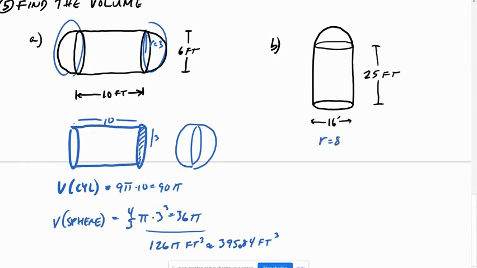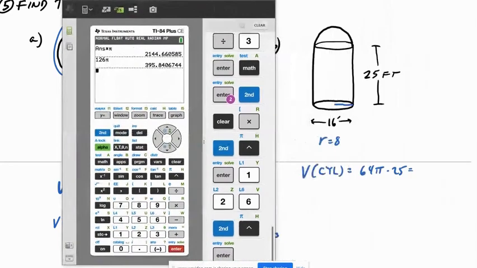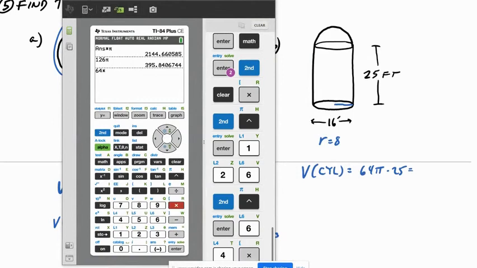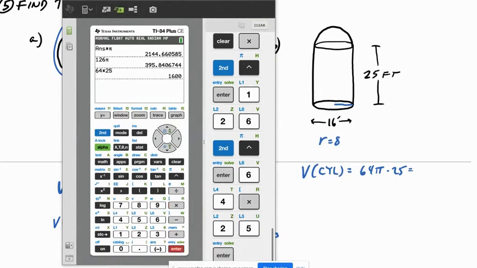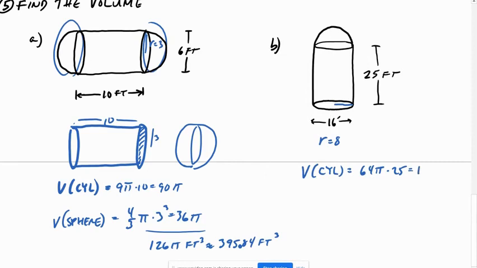Our radius is half of 16, or 8. The volume of the cylinder is base area, which would be 64 pi, times height, 25. So that is 1600 pi.